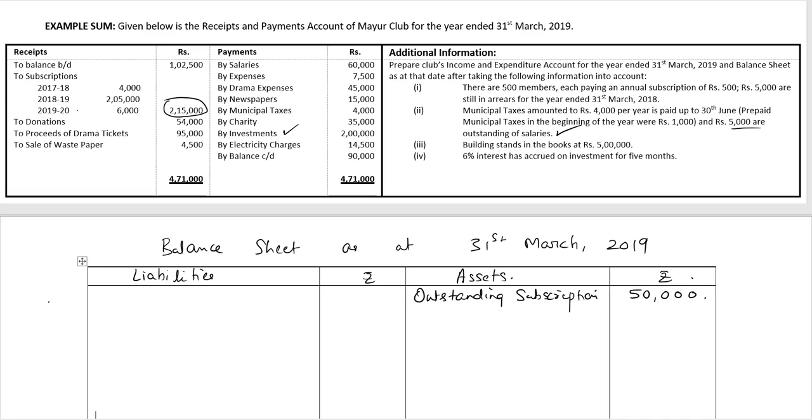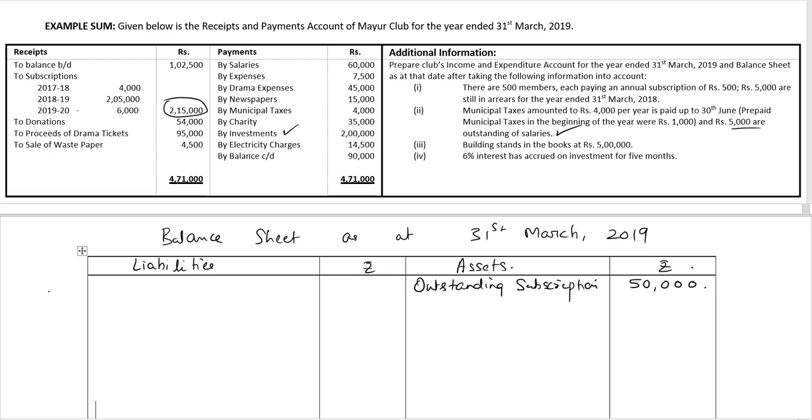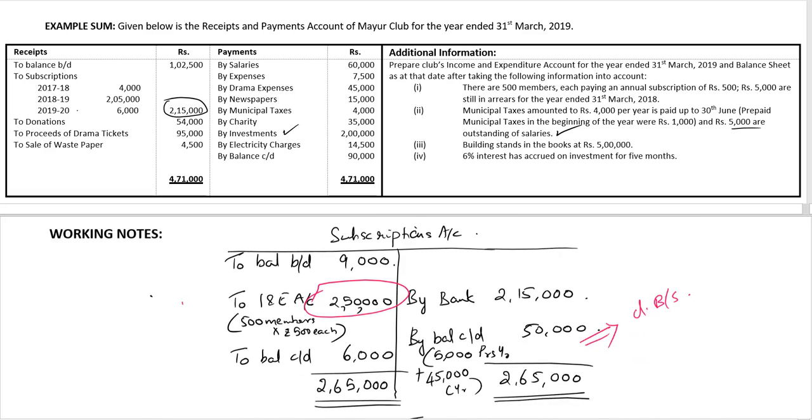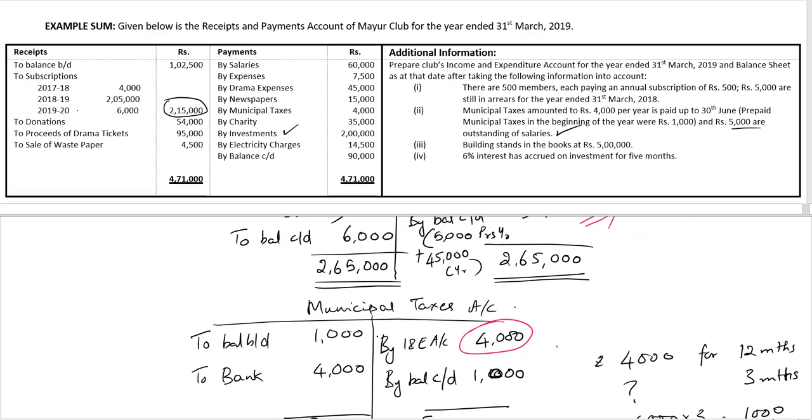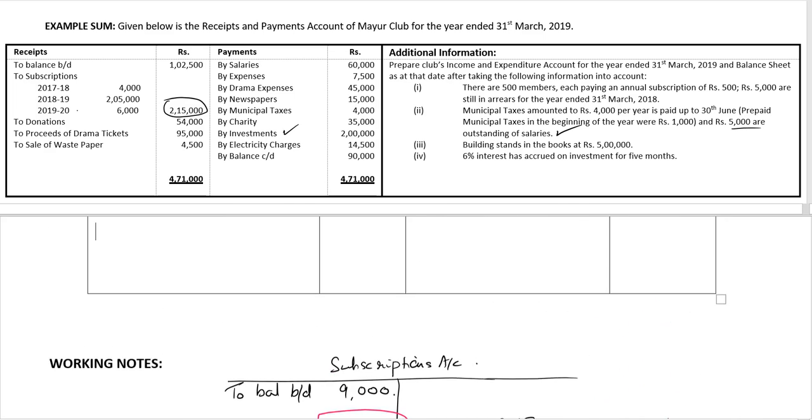The prepaid municipal taxes, again we found out that at the end of the accounting period, rupees 1000 has to be taken to the closing balance sheet asset side because it's prepaid municipal tax at the end of the accounting period.